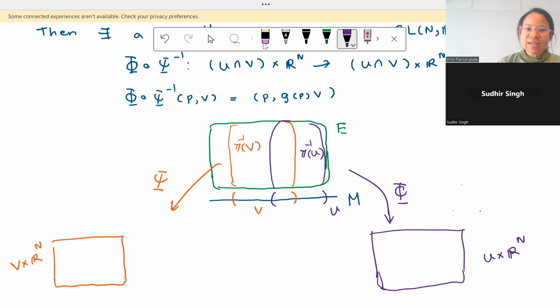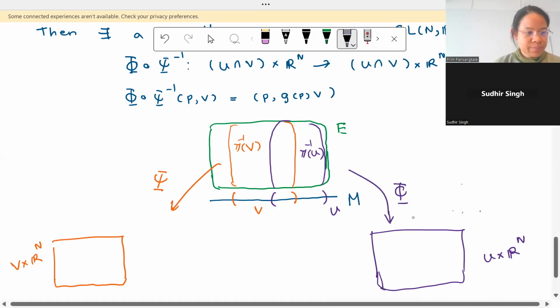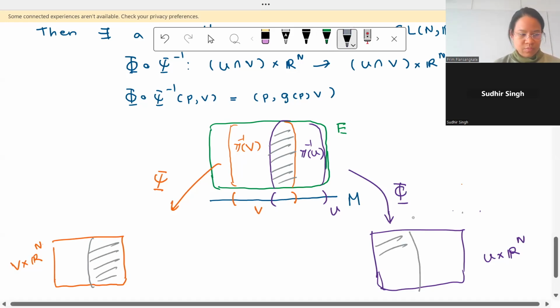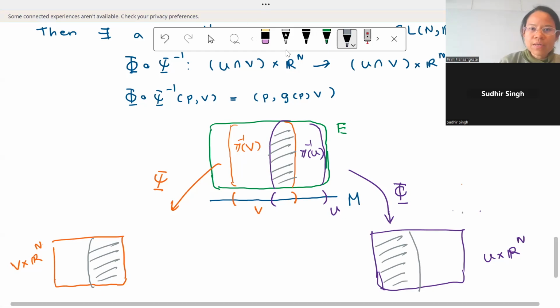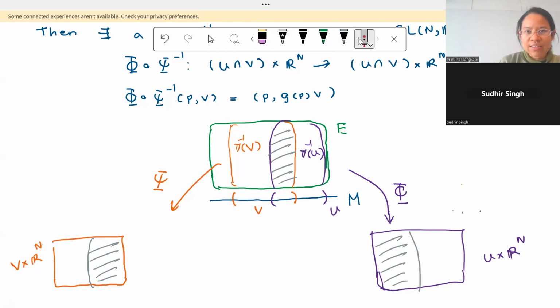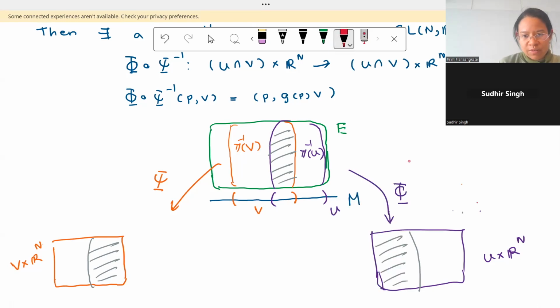Right. Then you have the overlapping region. Now, psi inverse composed with phi is this map.